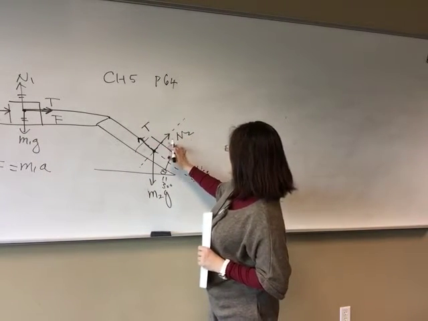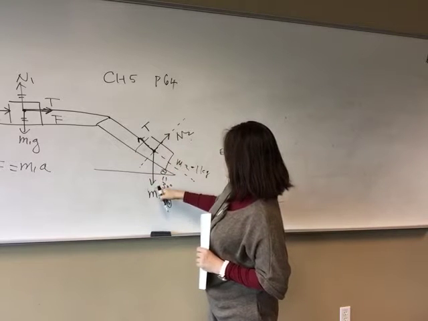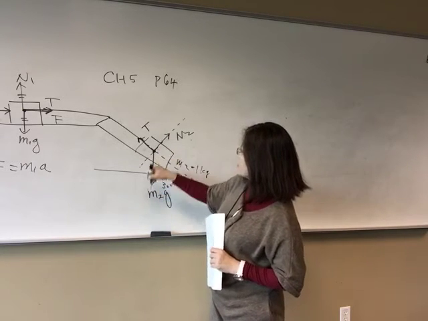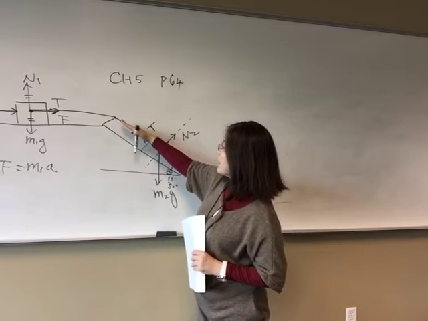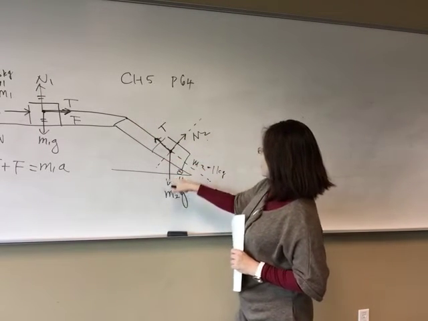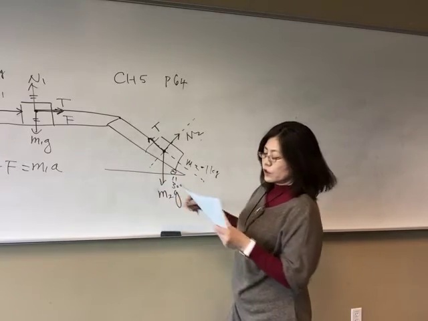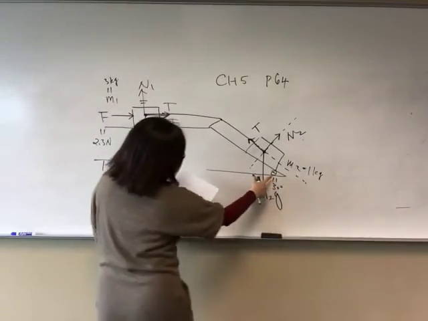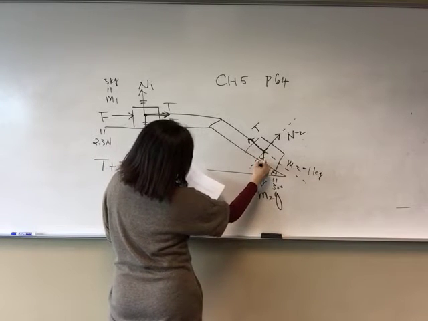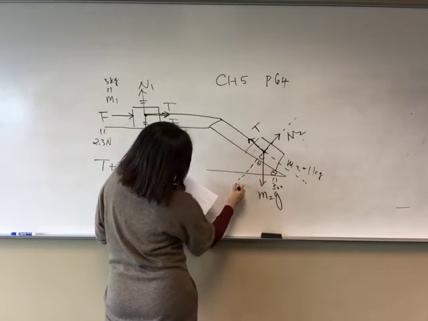And tension and this component from the gravity, they should cancel each other. And along the horizontal, you have the tension that is in that direction, and you have the downward M2G in that direction. So how do we resolve this? So this is the angle theta, so which means that this is your angle theta. So let's draw that.